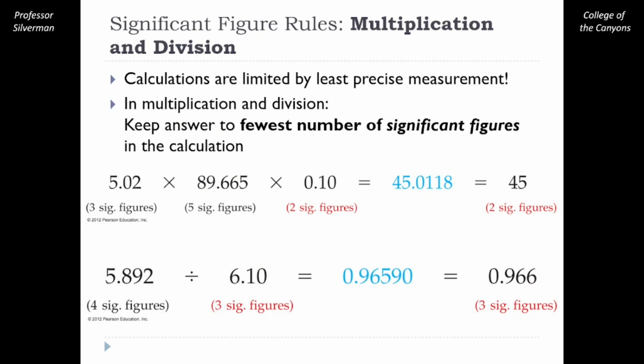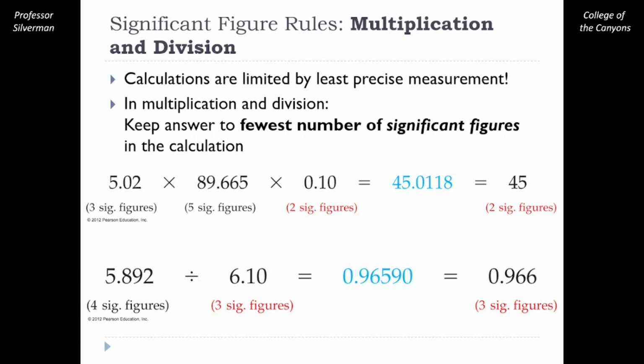As we said, we're going to need a way to decide how many digits to round to. So actually, we're going to have 2 rules. The first rule applies to any combination of multiplication and division. The rule here says keep the fewest number of significant figures in our calculation.